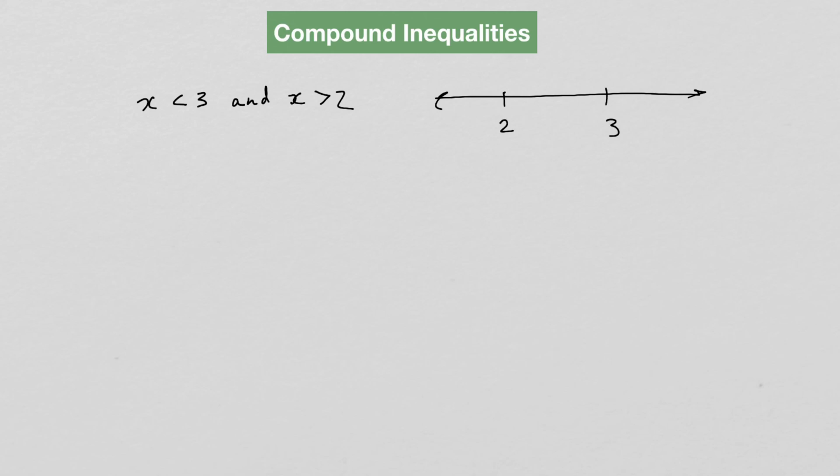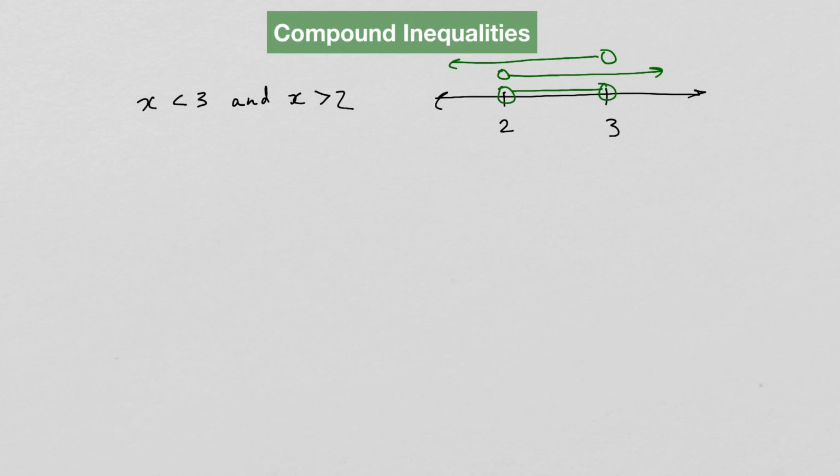So the first says x is less than 3, so we've got an open circle at 3, and we go to the left. And then we've got an open circle at 2 for x is greater than 2, which goes to the right. Because this is a conjunction, because of the word "and," the only thing that satisfies it is between here and here. And so our final answer is an open circle at 2 and at 3, and we connect those. And that is your answer.